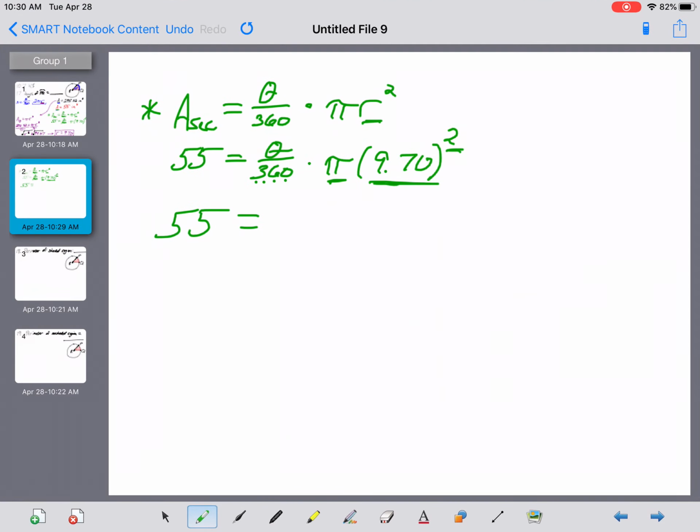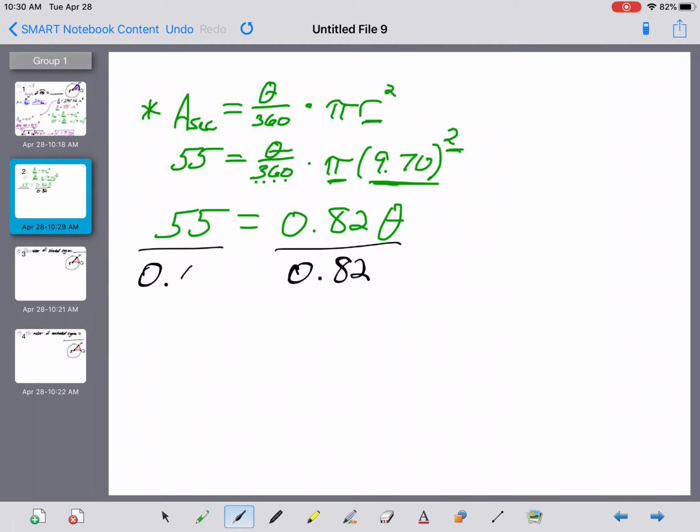All right, so that's now going to become 0.82, but the theta still is going along for the ride. And the last thing we need to do now is to divide both sides by 0.82. And that will cancel out with that, and it should tell us the value of theta.